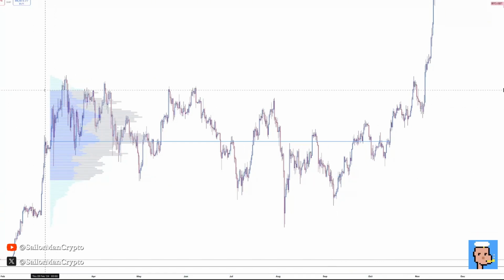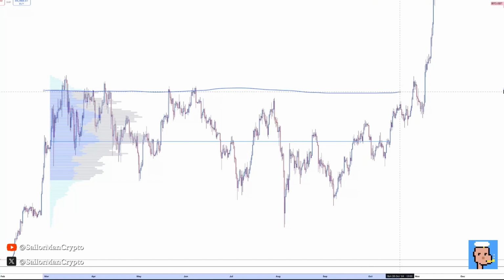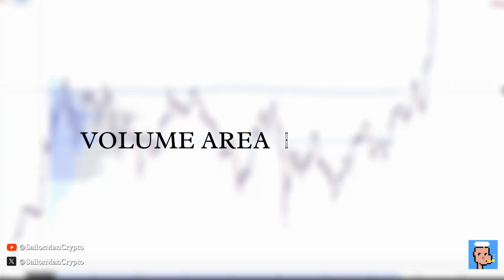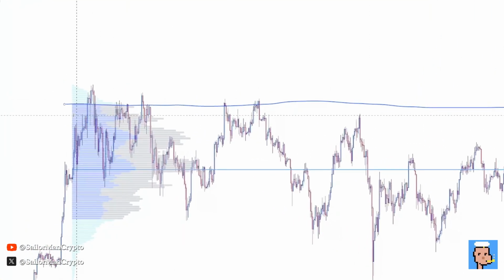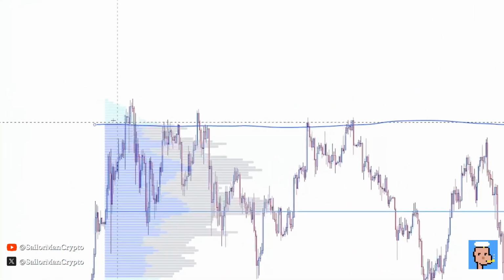For the second two pieces of information, you will see here that the color decreases, so it gives you the volume area high. In this case, 71K is what in technical terms is called the volume area high, or VAH, the high level of this range in terms of trading activity.